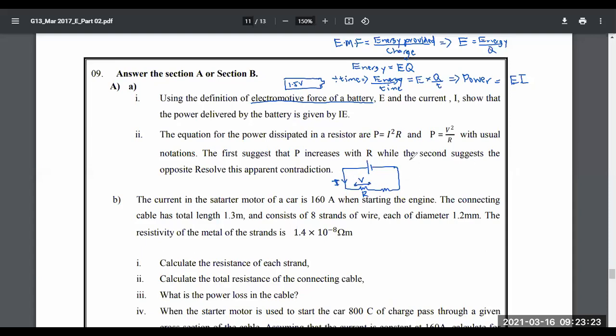We know the equation for power dissipation here is given by P equals VI. That is what we change to I squared R and V squared over R.